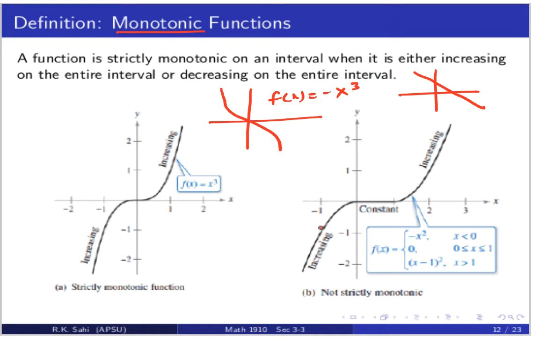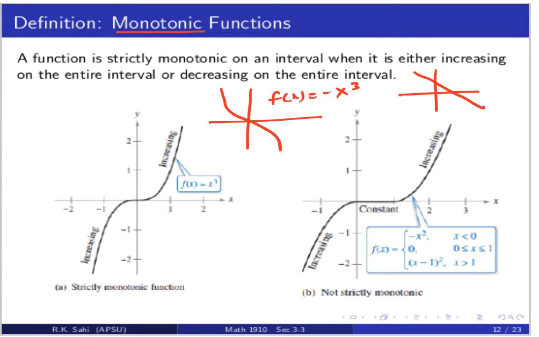So clearly it is not monotonic because you will increase, then you just rest for some time and then you again go up. So the monotonic functions are another set of functions. We will see why we are talking about that in a short while.